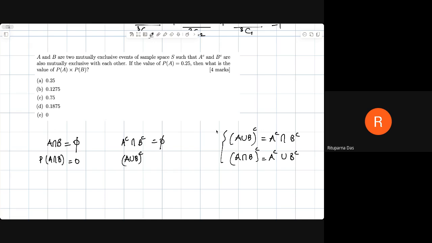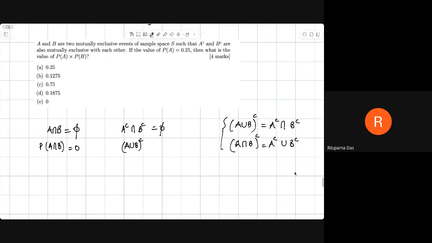So when you have A union B whole complement, you can write it as U minus A union B. Okay. U is the universal set.